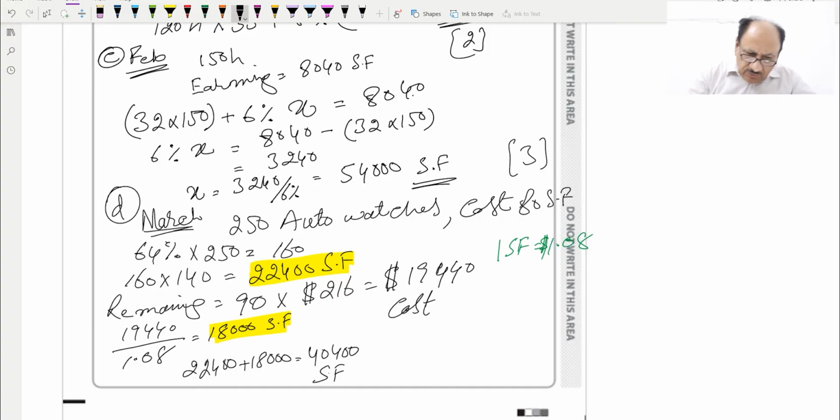And then they are saying the profit which we need to calculate. So cost will be what? I will change the color so that you will not be confused. Cost is 80 per watch, which is mentioned.